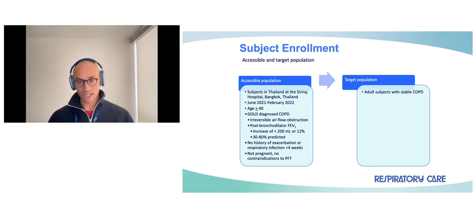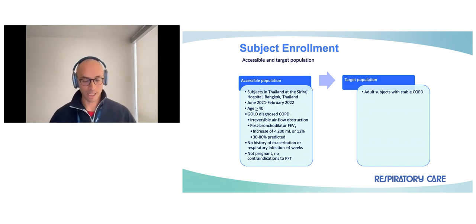The investigators were able to sample from this accessible population, which were subjects in Thailand at the Siriraj Hospital in Bangkok between June 2021 and February 2022, among subjects who were at least 40 years old with GOLD diagnosed COPD. These subjects had irreversible airflow obstruction. Their post-bronchodilator FEV1s showed an increase of less than 200 milliliters or 12%, with a post-FEV1 of 30 to 80% predicted.